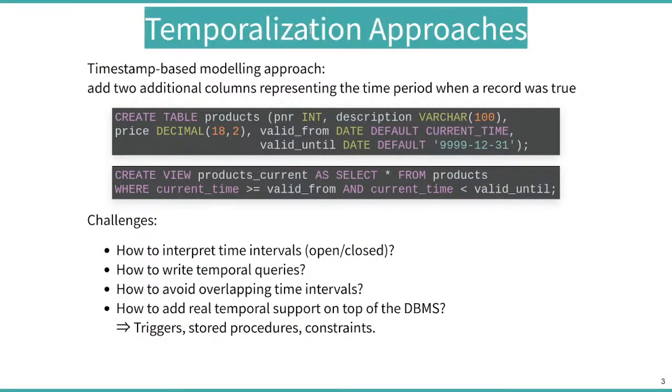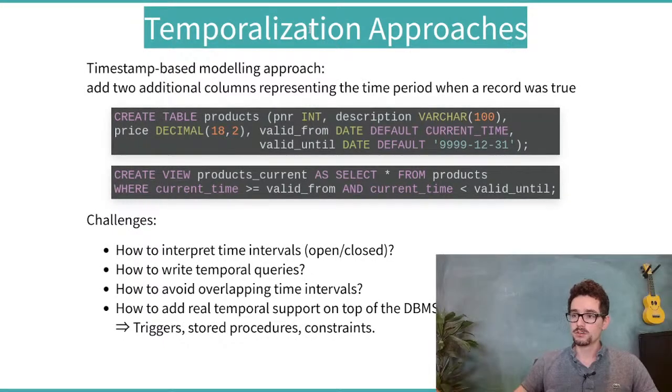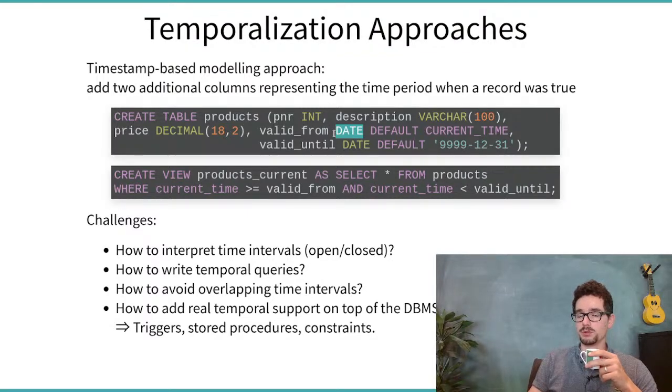One approach which works in every relational database system is manually storing periods in two additional columns. Here I simply use date for that, because for simplicity I say there are not multiple changes within one day. So what I have here is my products table.